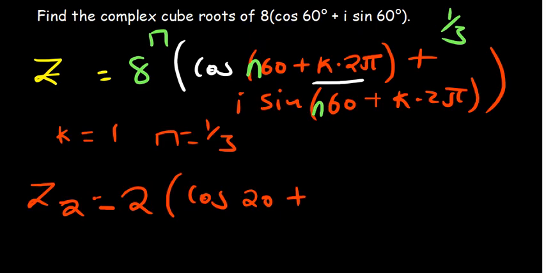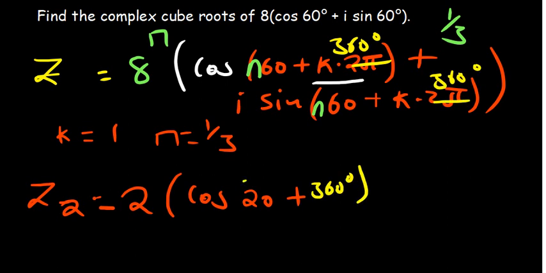So we've used a mixture of degrees with radians, so let's take that to degrees so that we work with what we have. So plus 360 to show that we've done one rotation, plus i sine, again that is 20 plus 360.